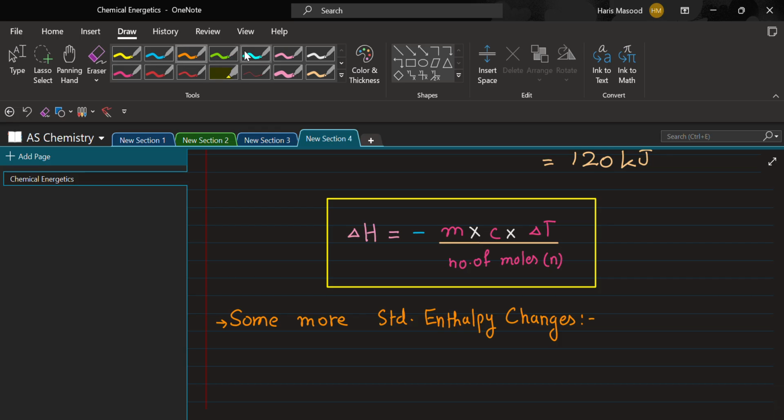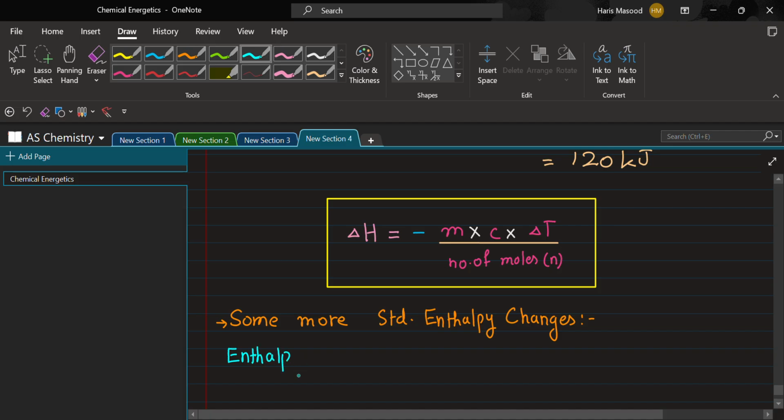In this we have first the enthalpy change of atomization.